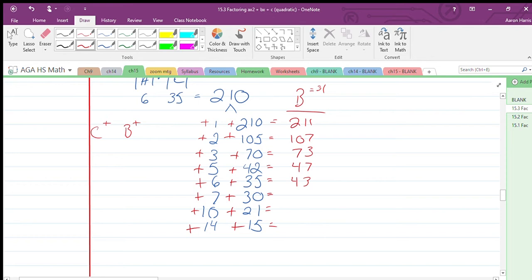Okay. 7 and 30 is what? 37. 10 and 21 is 31. 14 and 5 is what? 29. So which one works? You guessed it. The 10 and the 21 are going to be my winning factors.